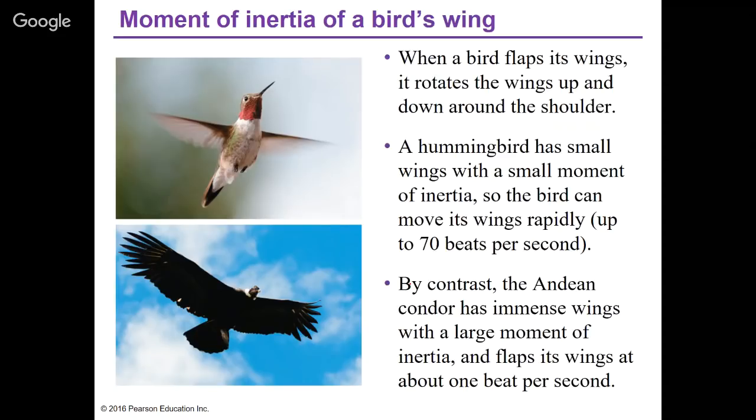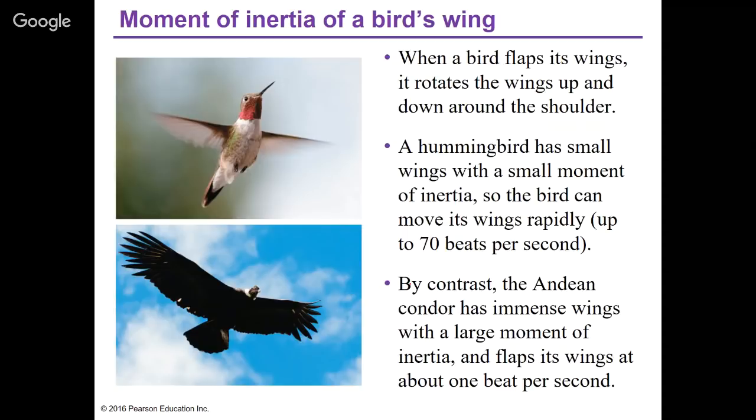Using some real-world examples, a hummingbird has very small mass, and the size of its wings is small as well. Therefore, it has a very small moment of inertia. That's why the hummingbird can flap its wings very rapidly, around 70 beats per second.